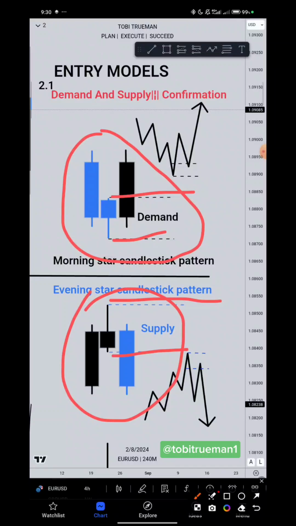This is just an understanding where you move from one stage to another, but the principle remains the same. If you are selling in a supply, the first candlestick, the wick and the body, must be lower than the middle candlestick. Then the third one must also be lower than the middle candlestick, while the body of the third candle must close below that of the middle candlestick.